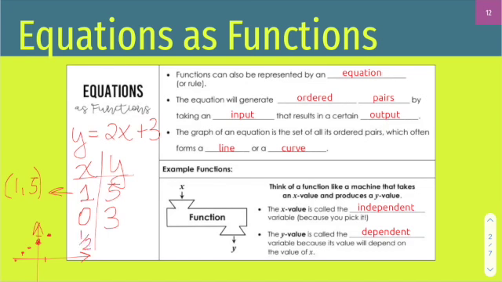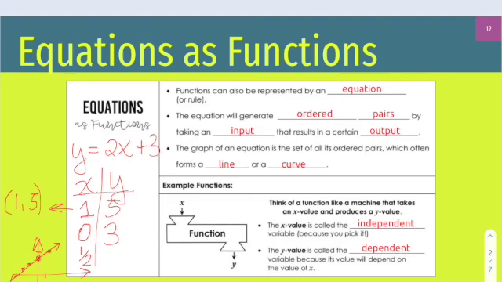I can plug in fractions, I can plug in decimals, and start filling every single point, all the ordered pairs that satisfy my equation over here, my rule, my function, all right? So this is a very important idea that an equation, it generates an infinite amount of ordered pairs. And when we graph these infinite ordered pairs, they give us a line or a curve.